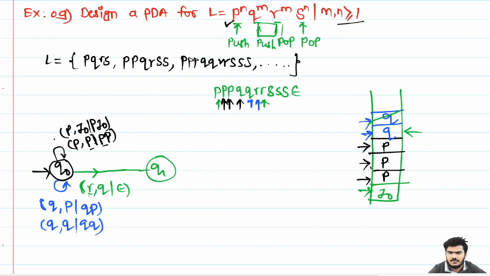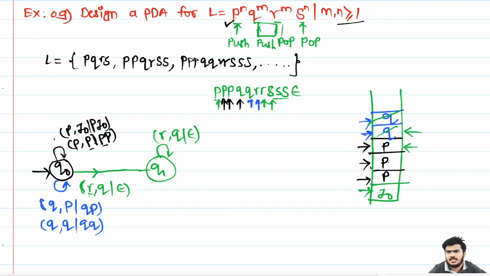So here I will write like this: when R is in the input and Q is the top of the stack, then I will start popping. So I have popped this Q also, and I have updated the top pointer here. Now the next input is S and the top pointer is P, definitely, because we have to match P with S only.